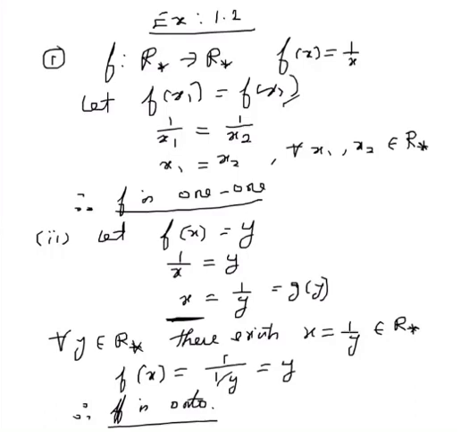Is the result true if the domain R star is replaced by N with codomain being the same? The first set is N. So let us check whether it is 1-1 or not. I will name this function g. So let g of x1 be equal to g of x2.